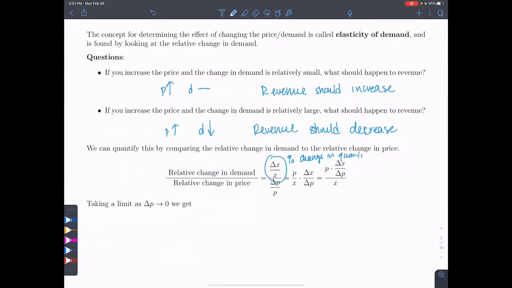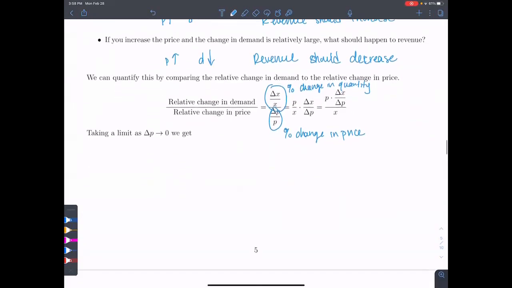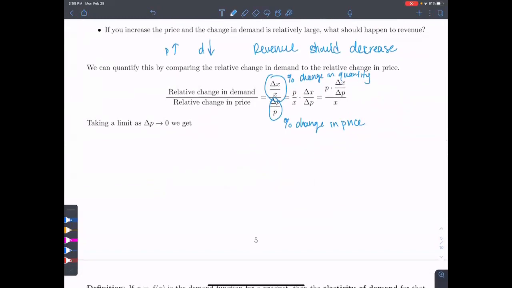And the part down here at the bottom, delta P over P, is the percent change in price. If you look at that setup, you end up with P times delta X over delta P over X. If you take a limit as delta P goes to 0, there's some math that happens here, and you get -1 over X dX over dP, and that's your demand function.